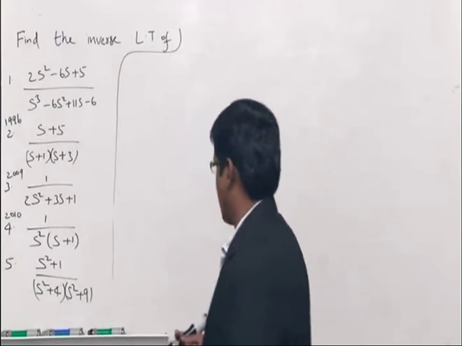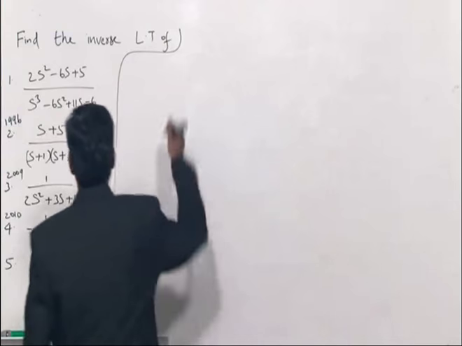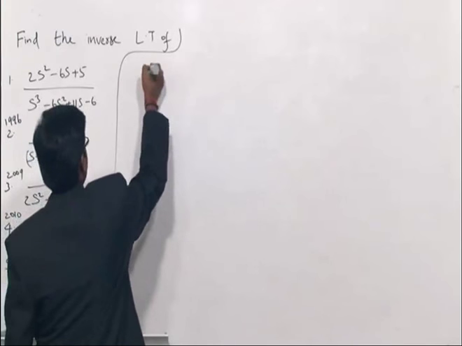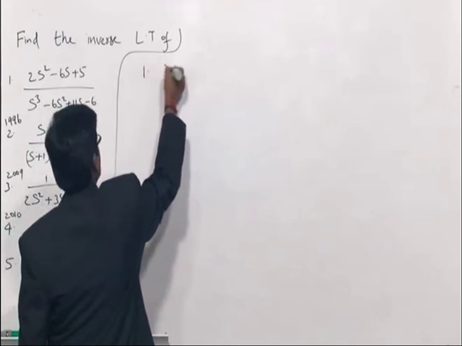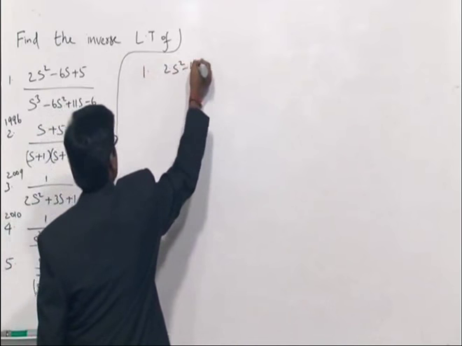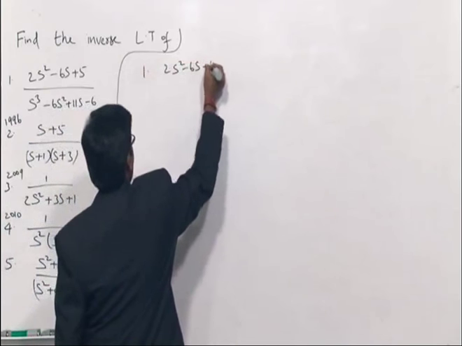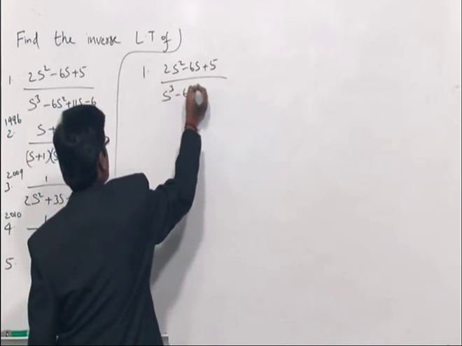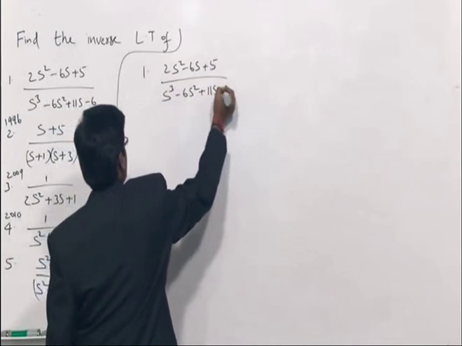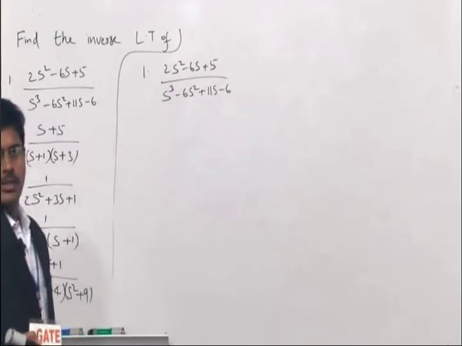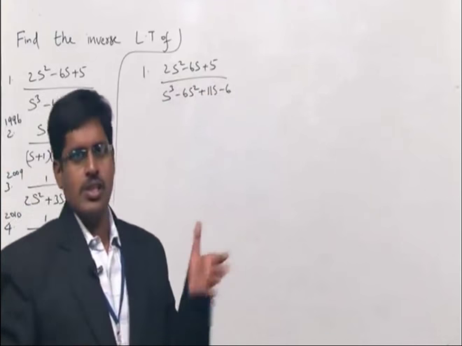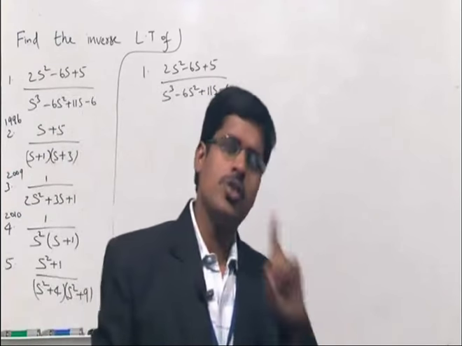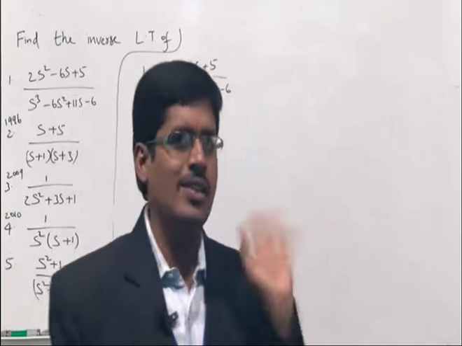So the factors are all three linear factors. First one: (2s² − 6s + 5)/(s³ − 6s² + 11s − 6). What are the three factors here? Equating the denominator to 0, s = 1 satisfies the equation.